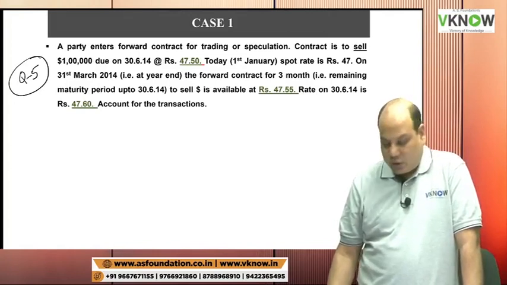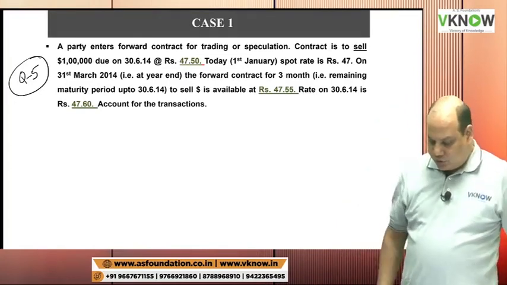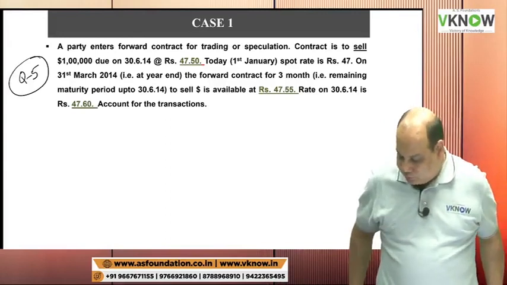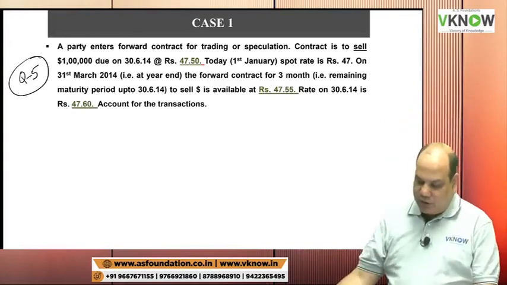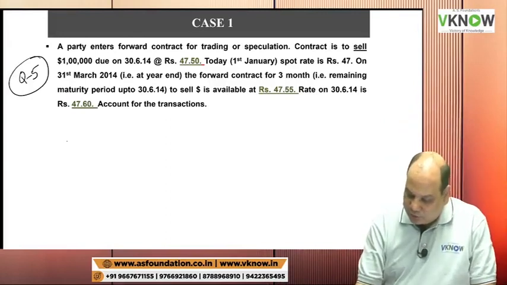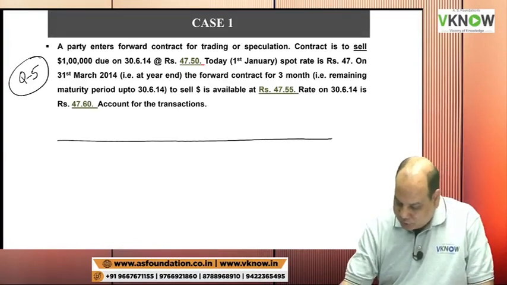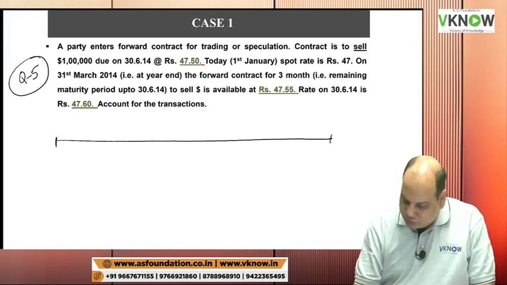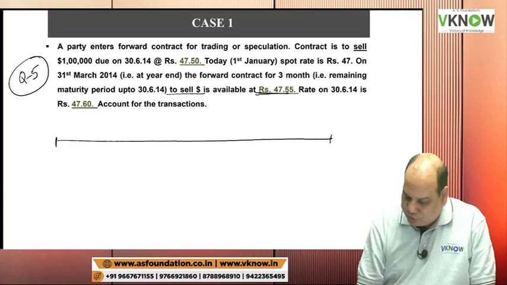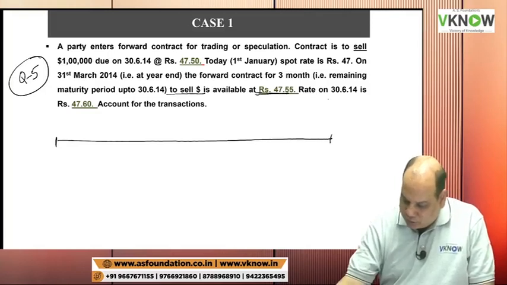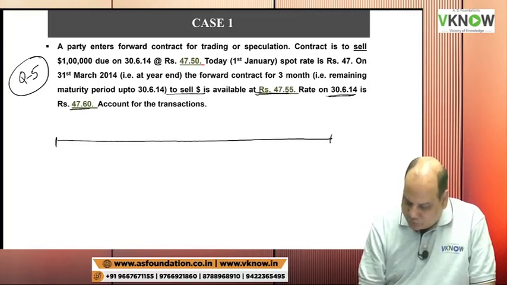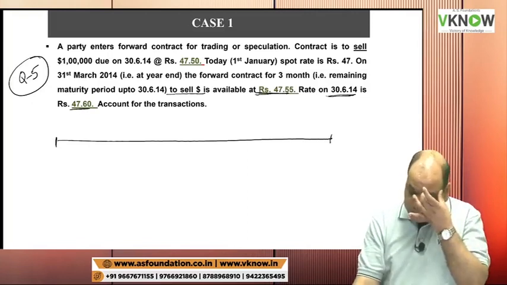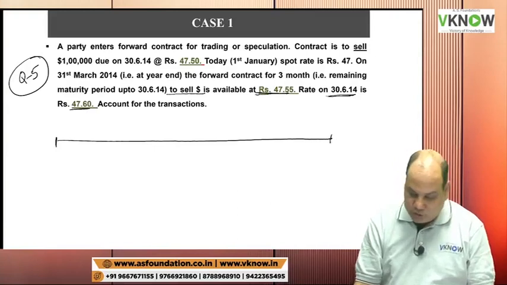Today the spot rate is 47. On 31st March, that is year end, the forward contract for remaining maturity to sell dollar is available at 47.55. The rate on 30th June, the actual settlement date, is 47.60. Account for the transaction.